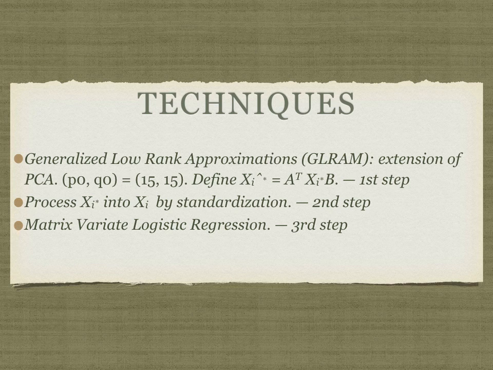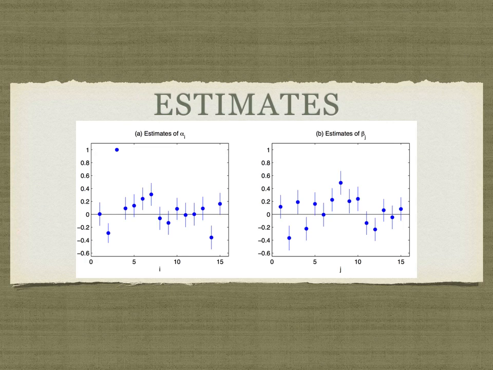standardized procedures for standardizing the given reduced matrix, then apply their major contribution, the matrix variate logistic regression, in the third step. But then we want to introduce the way they do the estimations of that.